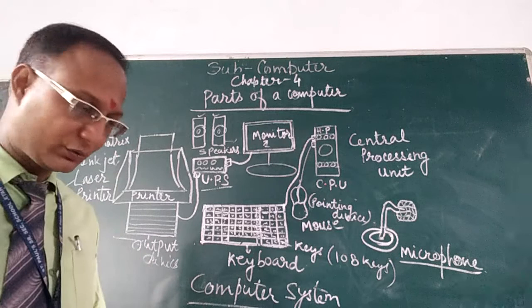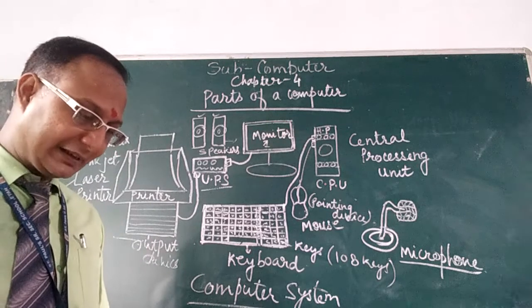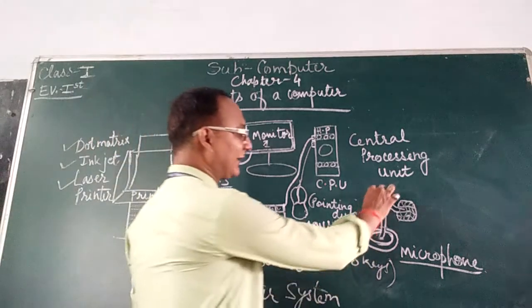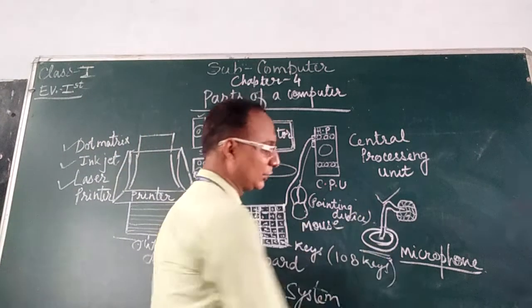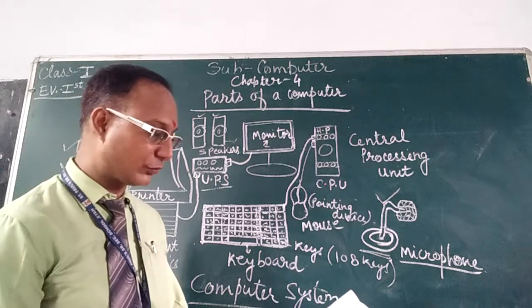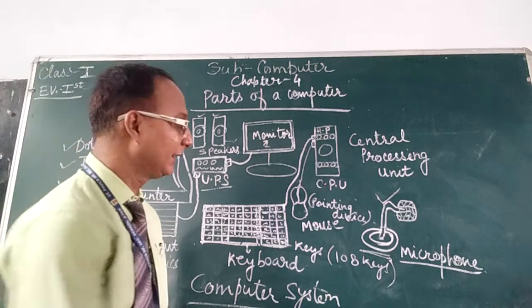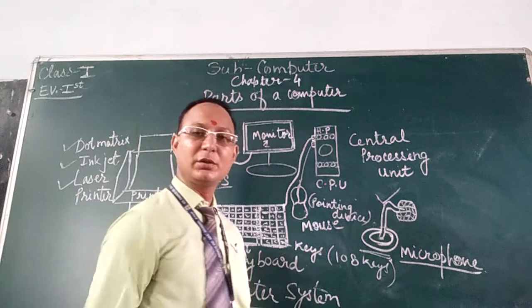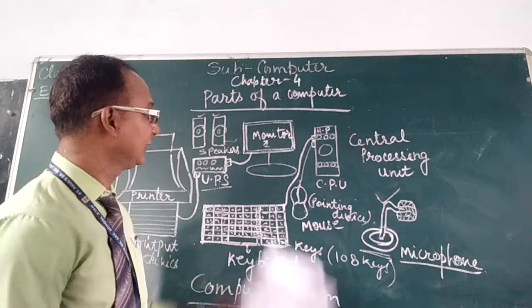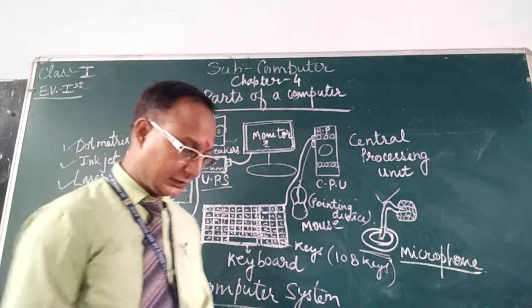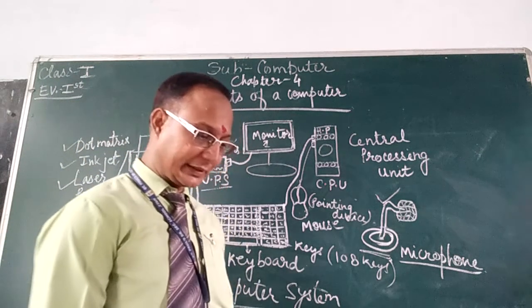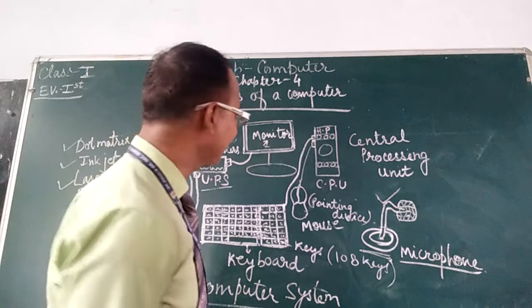It produces sounds. Now next is our microphone. What is a microphone? Here it is. A microphone is used to record various sounds and music into the computer memory. We can speak into the microphone and the recording gets stored in the computer.